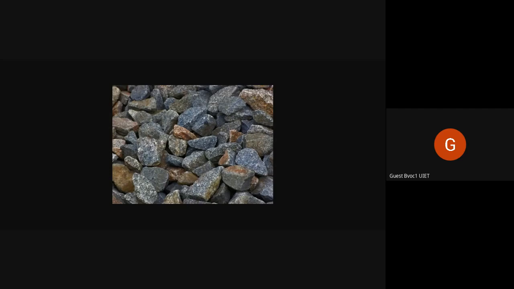Basalt is most commonly found in Maharashtra, Bihar, Gujarat, Bengal, and MP.